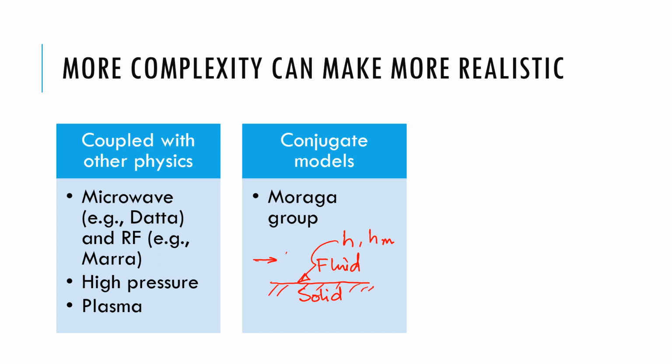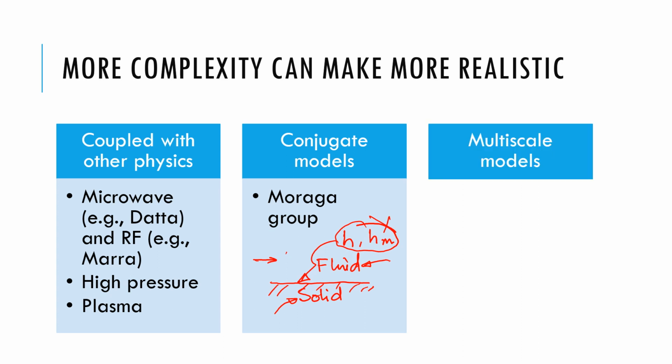But we don't have to. We can solve the equation for the solid and the equation for the fluid simultaneously. Then we don't need this H or HM, and it gives us a much more comprehensive picture, and so it's more advantageous. It gives us how the H and HM would have varied with position and so on, but it's obviously more work.